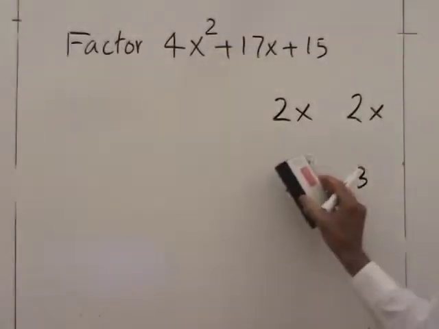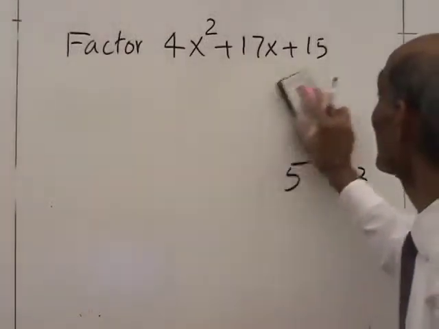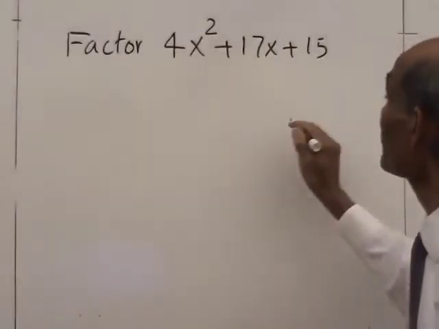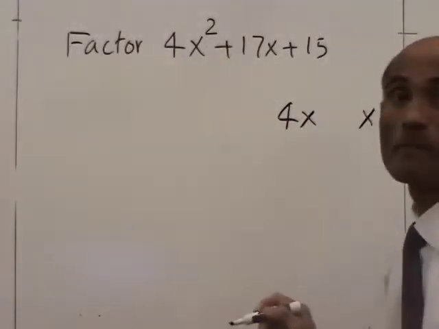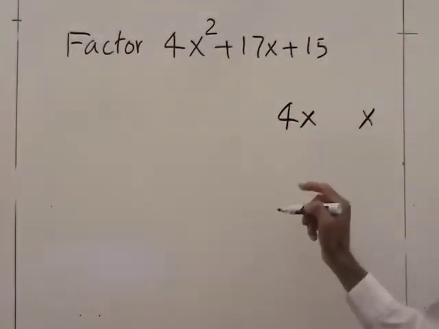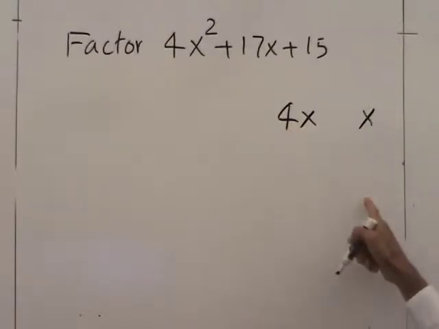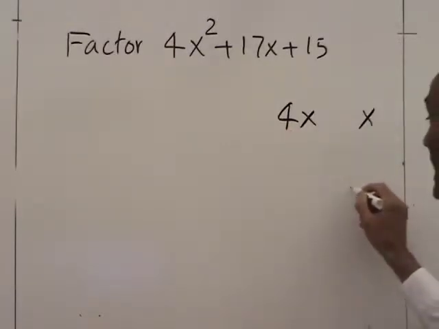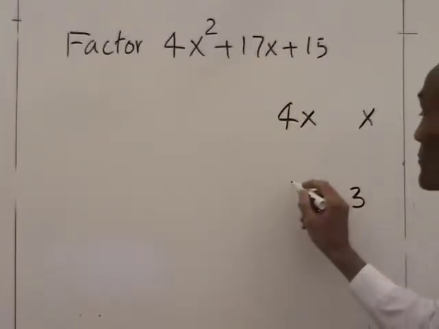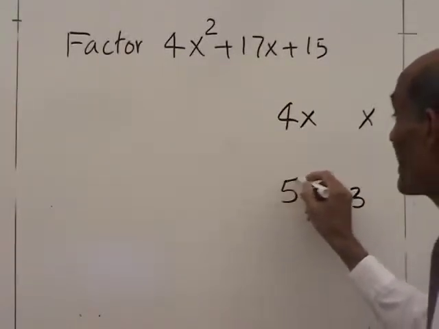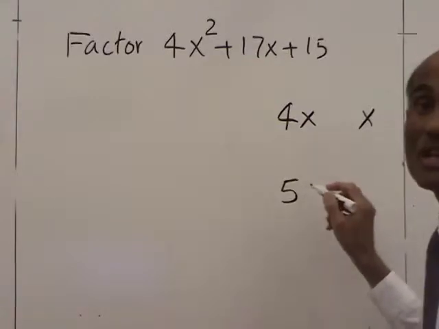So rather than using 2x times 2x, let's try 4x squared as 4x times x. And now, if you know 4 times 3 is 12, look at that. If I write the 3 there, 4 times 3 is 12, and 12 plus 5 is 17.